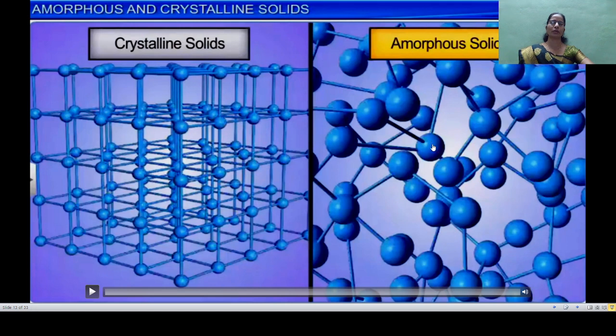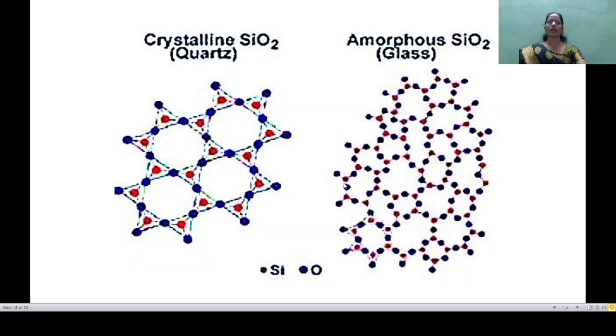Here you will observe that in amorphous solids there is an irregular arrangement of the constituent particles, and though in some cases you observe a regular arrangement, that regular arrangement does not extend all over the entire crystal. With the help of these observations, we can now write the characteristics of amorphous solids.